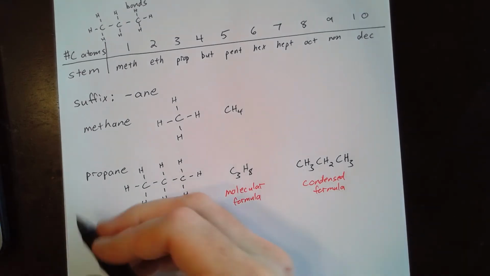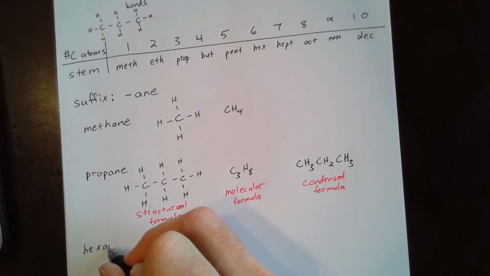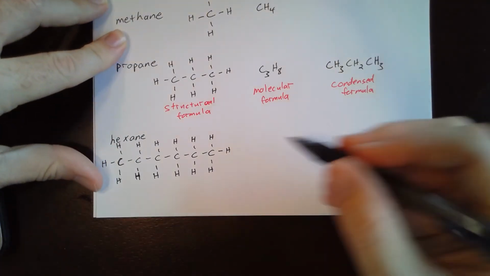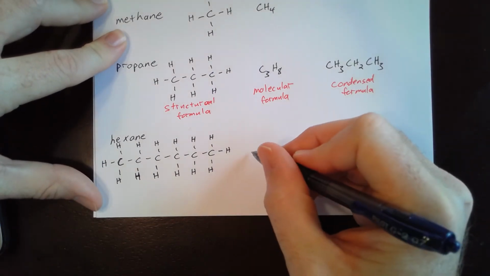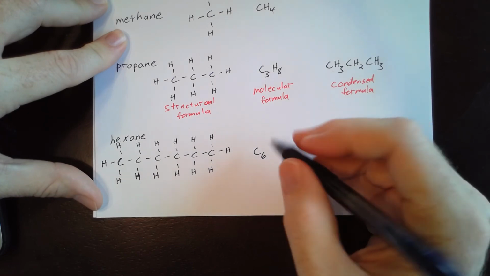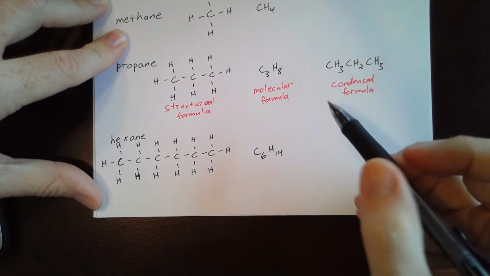So let's try one more. Let's try hexane. I just want to show you one little point. So if we have hexane, it has 6 carbons, and we'll put in all of our hydrogens. I put in all my hydrogens, so I would make that C6H14. There's 14 hydrogens there. Go ahead and count them.